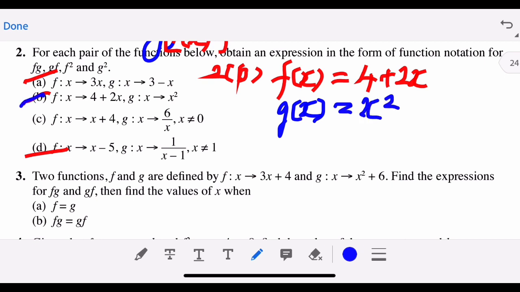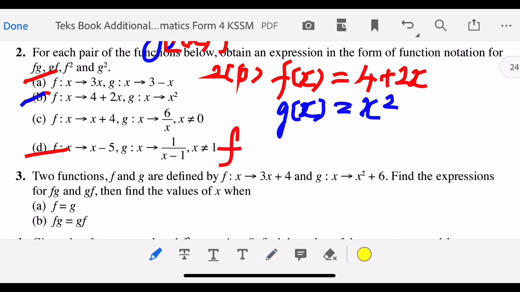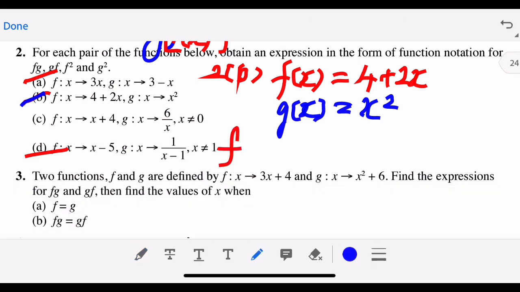So I'm discussing b. So now I'm going to do fg. So f is a function, okay? The letter that we write first is a function, followed by g as an object.